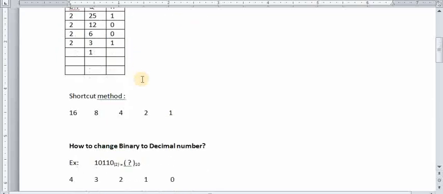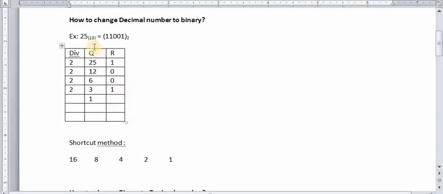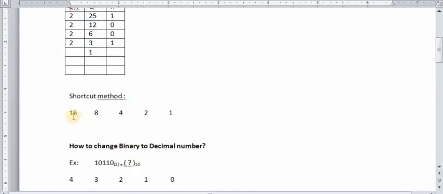First of all, write down the numbers starting from 1, like this: 1, and double of 1 will be 2, and then double it 4, 8, 16, 32, like this. For 25, up to 16 is enough.